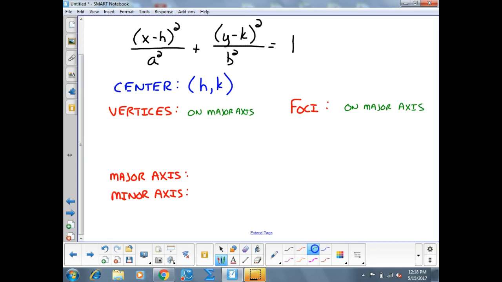Well, a squared equals b squared plus c squared, right? How do I tell what's A and what's B? The bigger number is A squared. Yep. And by numbers, we're talking denominators, right? Yeah.